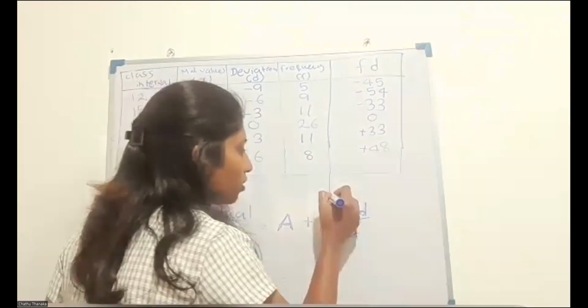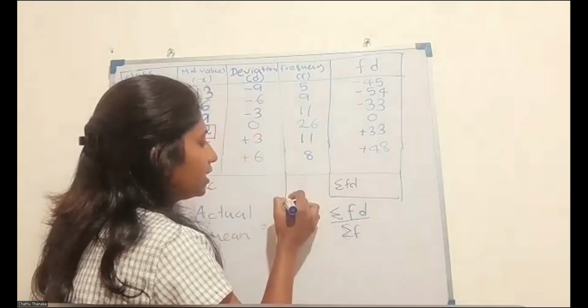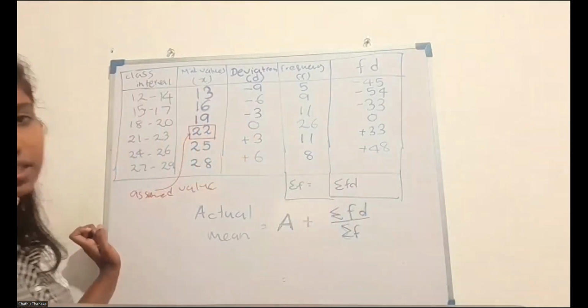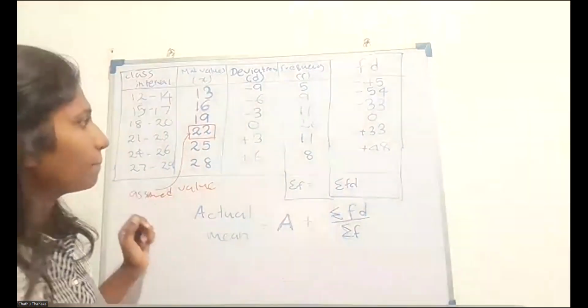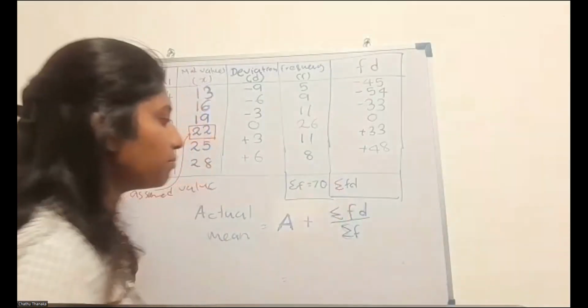Then draw another box here. Take sigma FD value and here sigma F. So calculate and tell me what is the answer for sigma F. 70. 70.